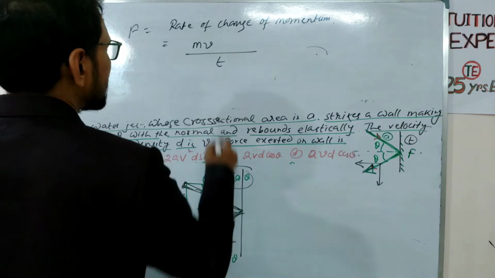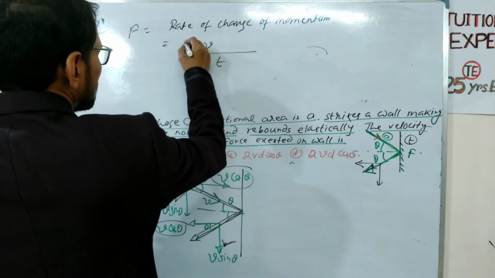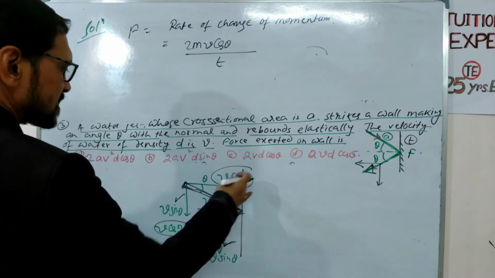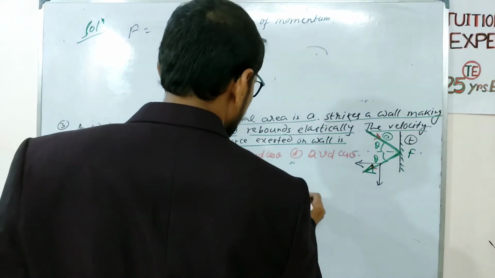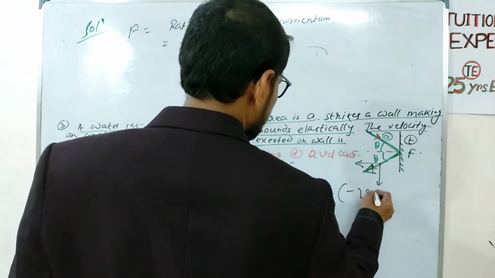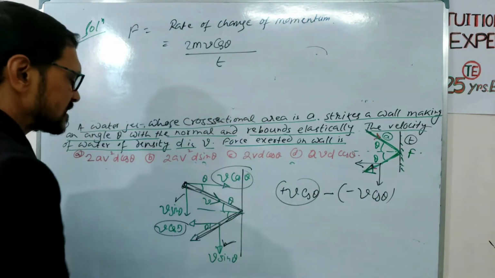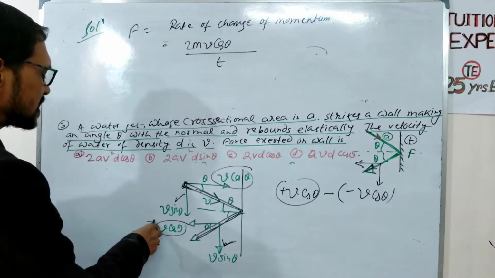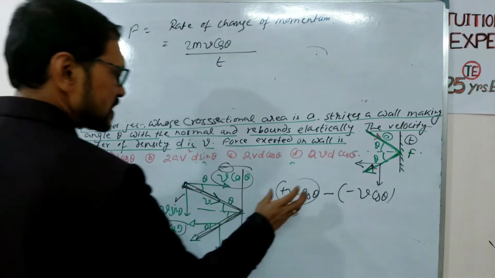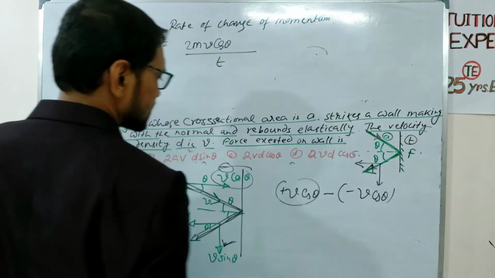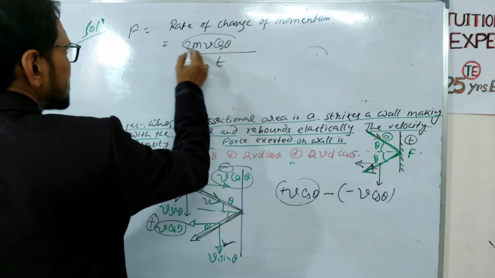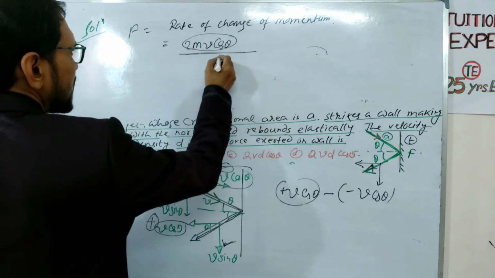So the change of momentum is m times v cos theta minus minus v cos theta, because the direction is reversed. If you take this as positive, then you take this as negative. So that is 2v cos theta, giving a change of momentum of 2mv cos theta in time t.